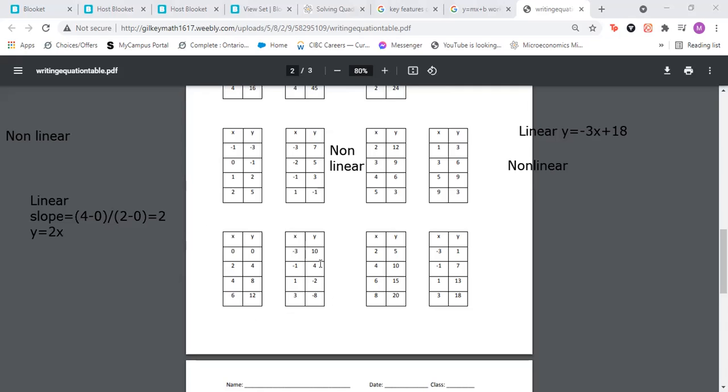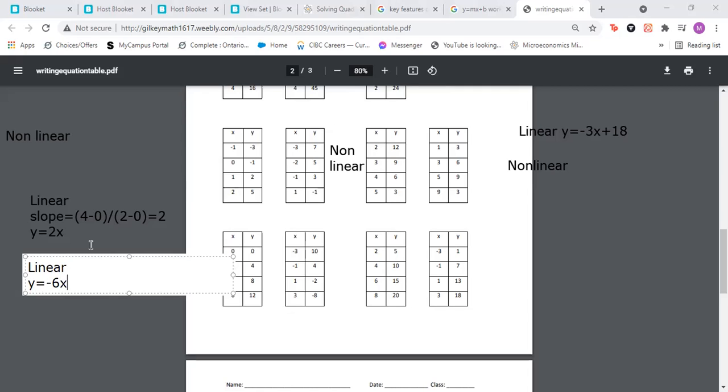Would it be linear? Yeah, it'd be linear. Correct. And then what's the equation? 6x minus 10. So it would be -6x because it's going down by 6.